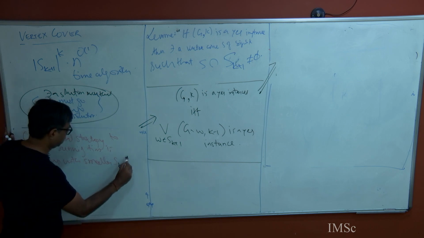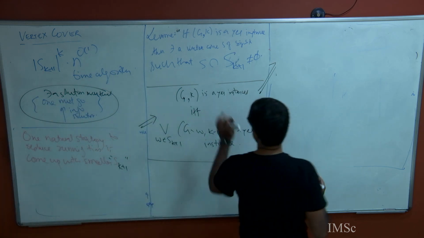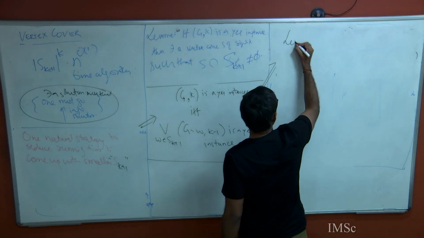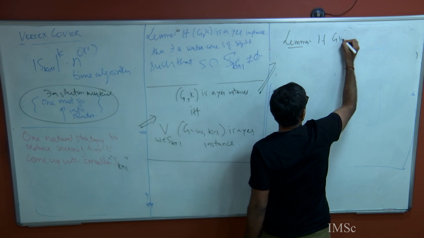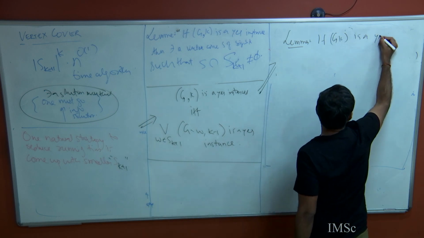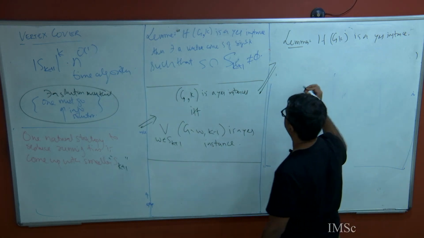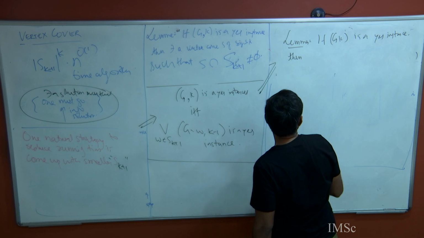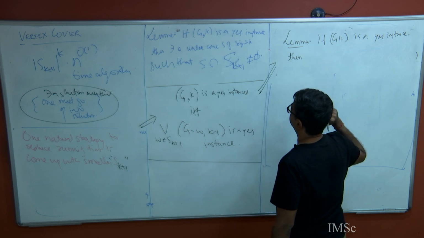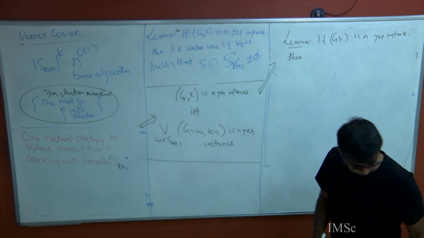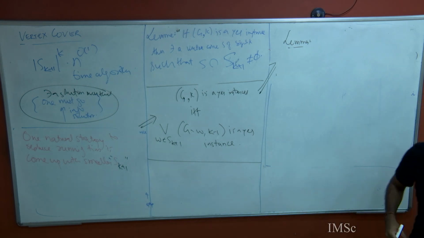You are right, S is anyway fixed. So if I can say the following kind of lemma, right? If (G, k) is a yes instance, then, okay, let's change it.